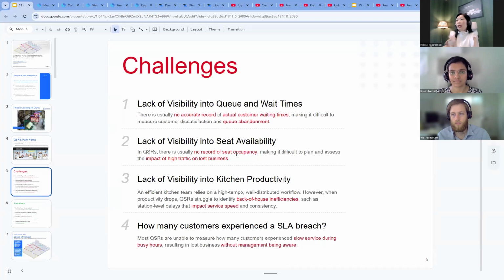The second one is lack of visibility into the seating availability. If your restaurant is fully occupied, of course, then you lose further business. And if the area appears to be full or the turnover is slow, for example due to delays in cleaning, the customers have left but the table is not clean, so no one can theoretically use it.